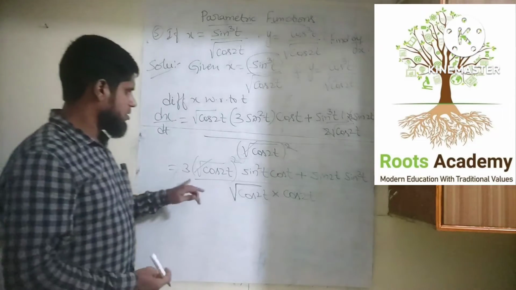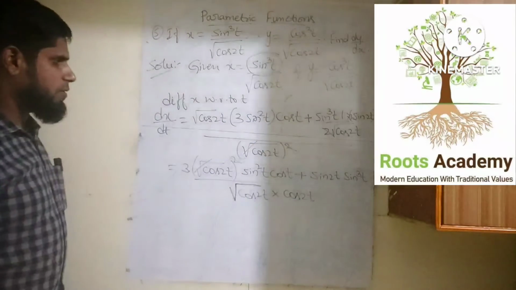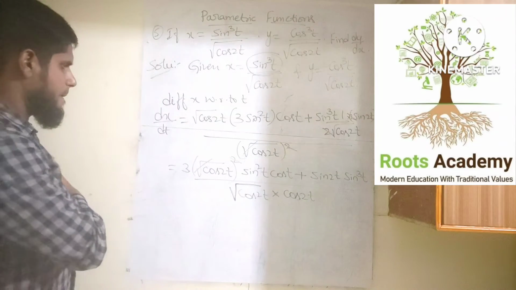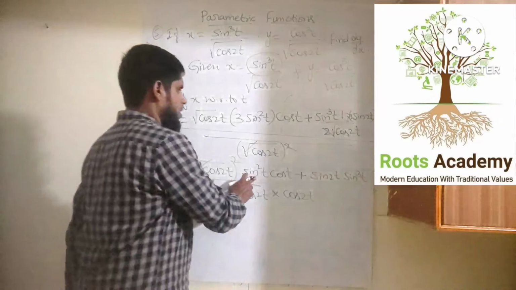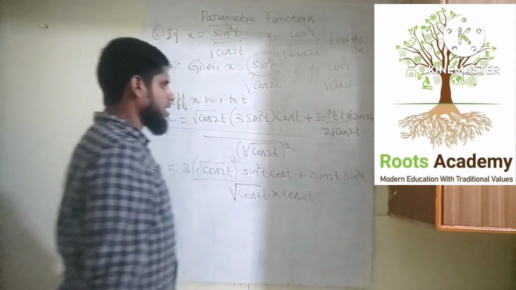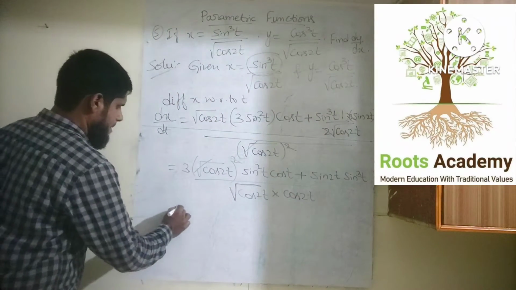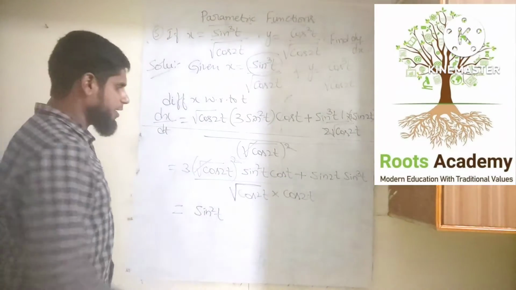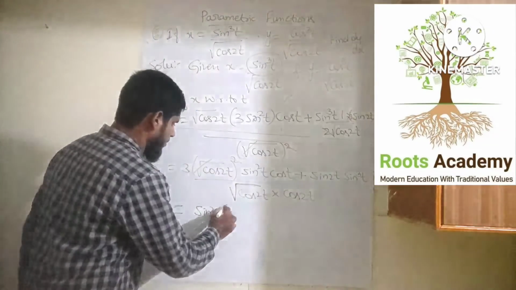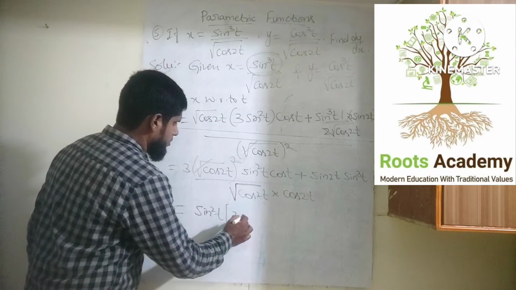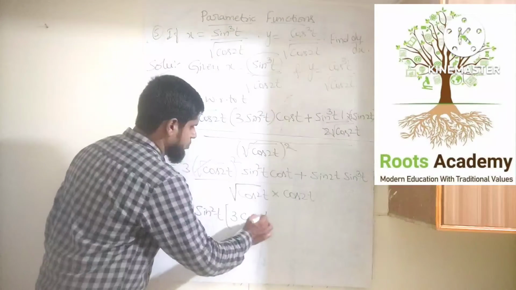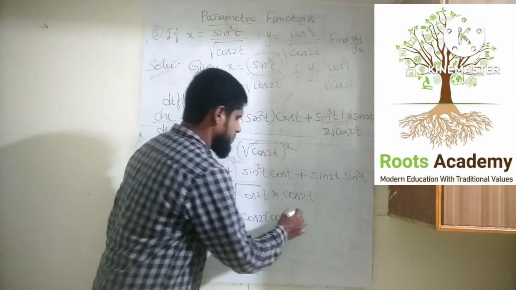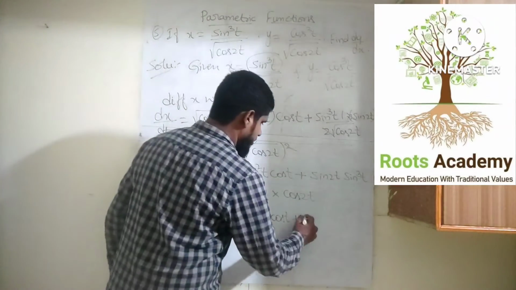Now next, what is there with us? I can take sine square t common. If I am taking sine square t common here, what do I get? 3 cos 2t into cos t plus sine 2t.